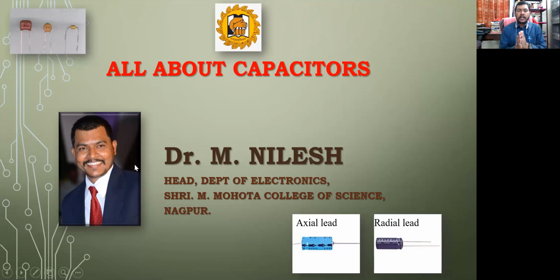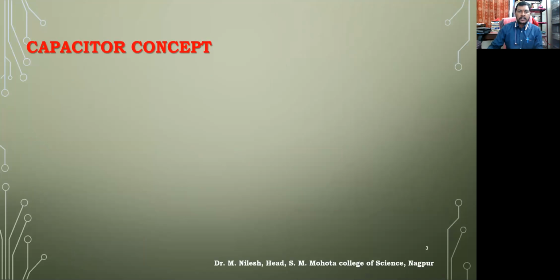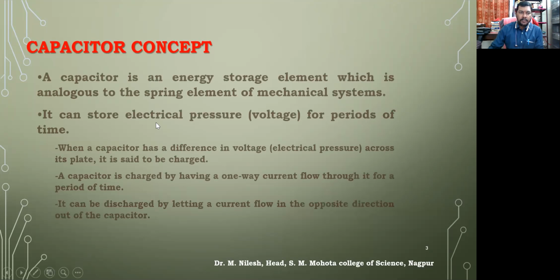The basic definition that I told you is that two conducting plates separated by a dielectric medium is called a capacitor, right? So two conducting plates separated by a non-conducting medium is called a capacitor. These plates act to store the charges on these plates, right? So this is the basic concept of the capacitor that we have studied.